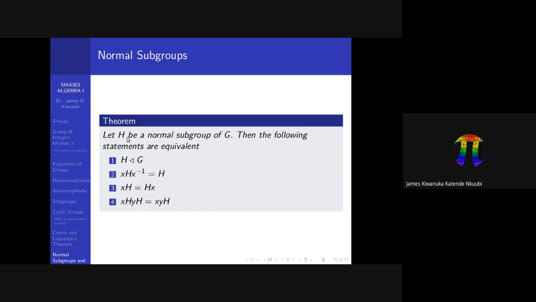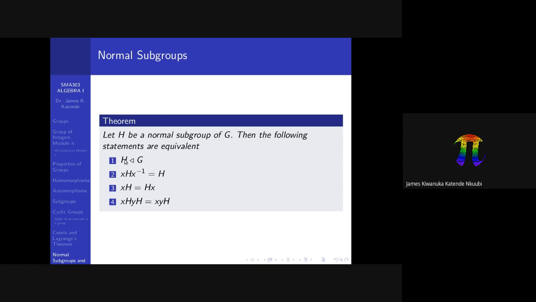So if you want to prove this to be true, what we need to show is that 1 implies 2, 2 implies 3, 3 implies 4, and 4 implies 1. That way we shall have proved that these statements are equivalent. But the important thing is that if you want to prove that a subgroup is normal, you can use the definition.